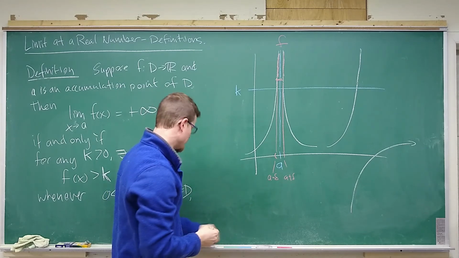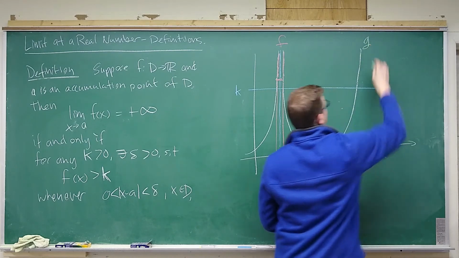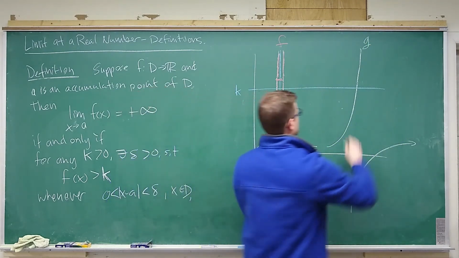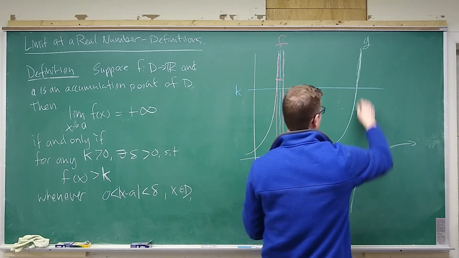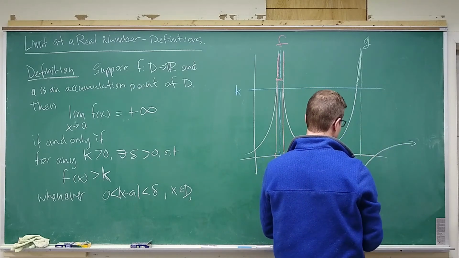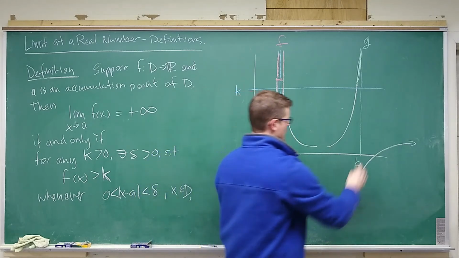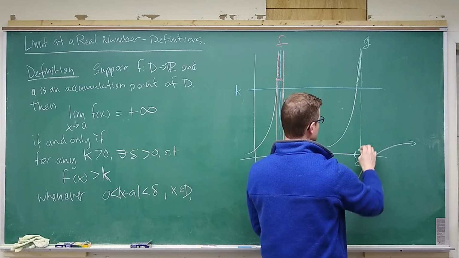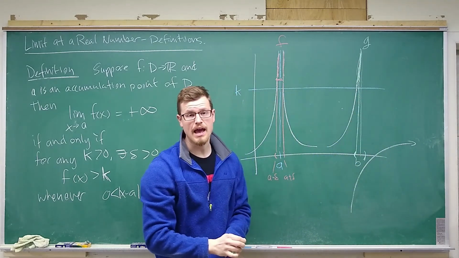On the other hand, if we want to consider here, let's call this function g, then we might have values that are above k, but if we look at this value here, let's call it b. I drew this a little bit off, but it doesn't really matter. Whenever I look at some window around b, certainly I'll get some values which are above k.